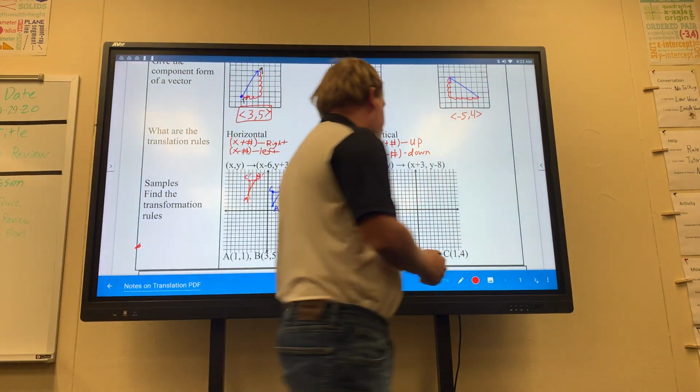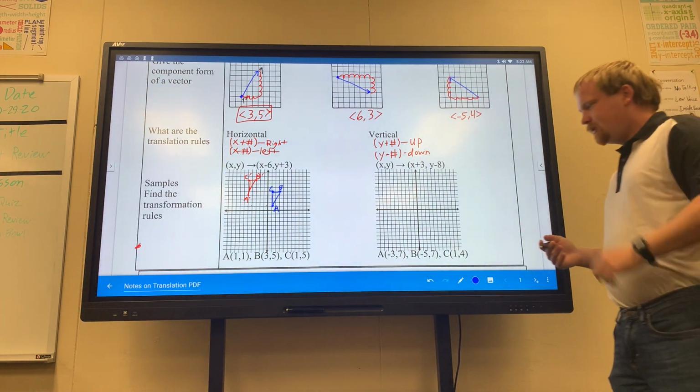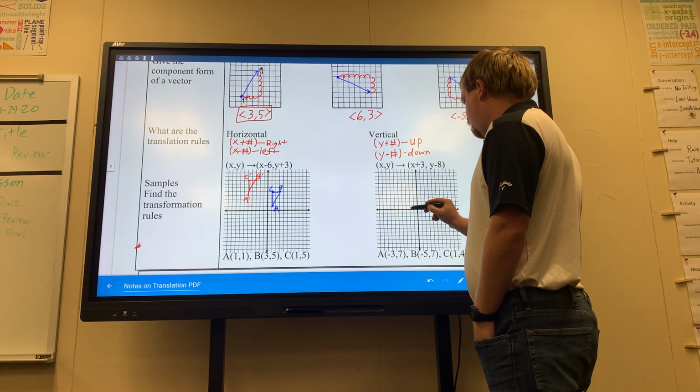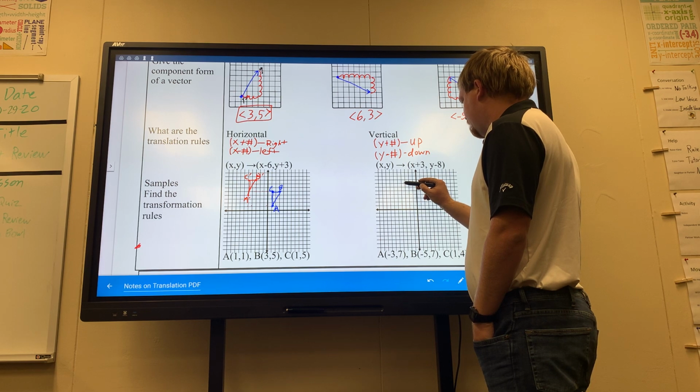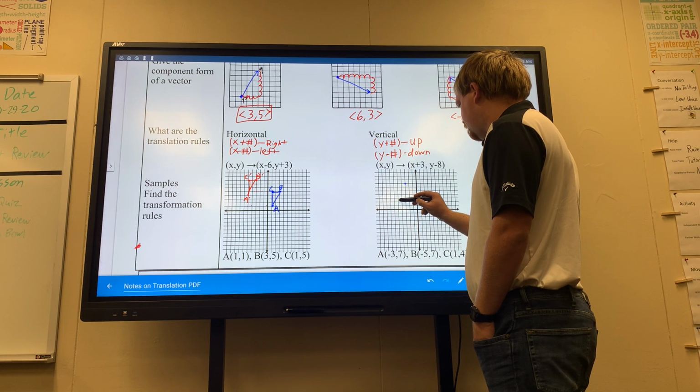Now, the next thing we're going to do is go over another example. So this time we're going to have some negative values. So 1, 2, 3, 1, 2, 3, 4, 5, 6, 7. Negative 5, 1, 2, 3, 4, 5, 1, 2, 3, 4, 5, 6, 7.